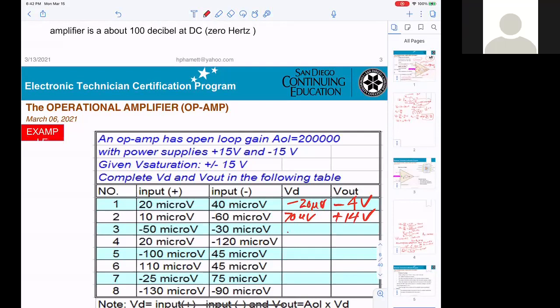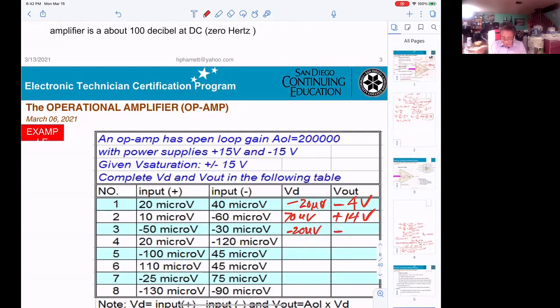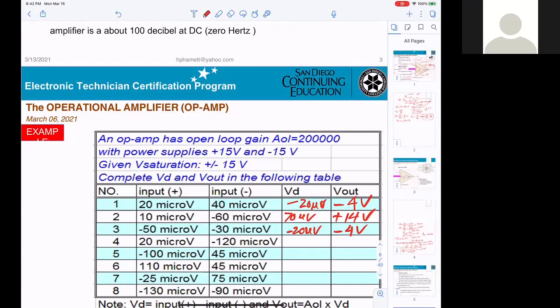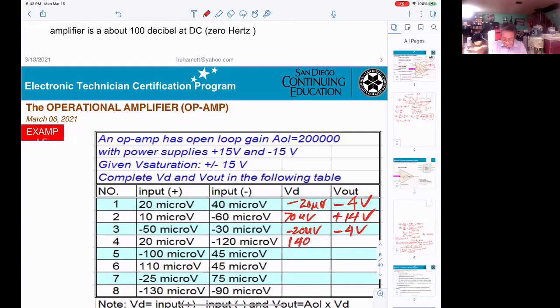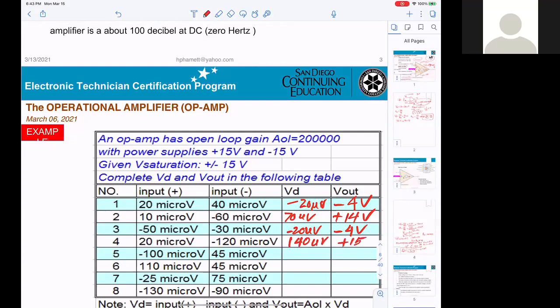Minus 20 microvolt. Yeah, minus 20. And that will be minus 4, right? Yes. Next one. 140 microvolt. Perfect. So saturated. So therefore only 15 volts. Is it minus 145? Yes. So saturated. So it's minus 15 volts.